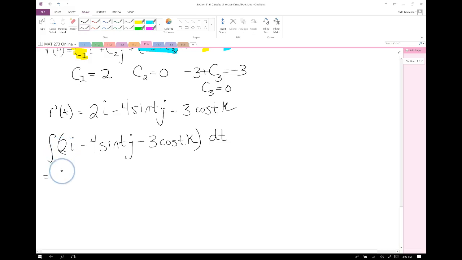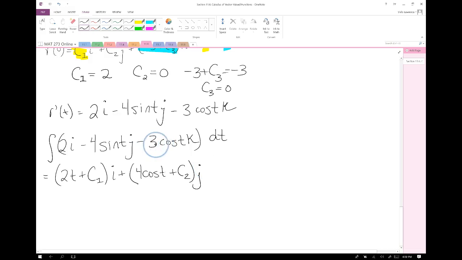So the antiderivative of 2 is 2t plus c1i. The antiderivative for negative 4 sine t is going to be positive 4 cosine t plus c2j.